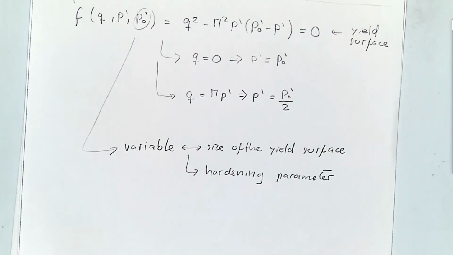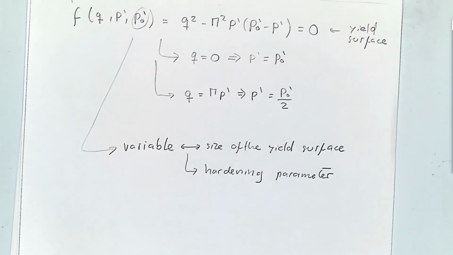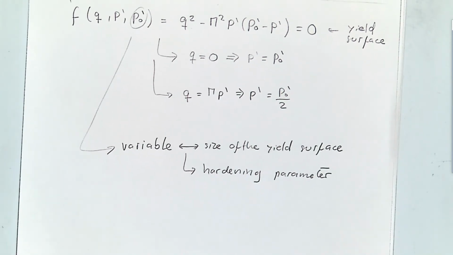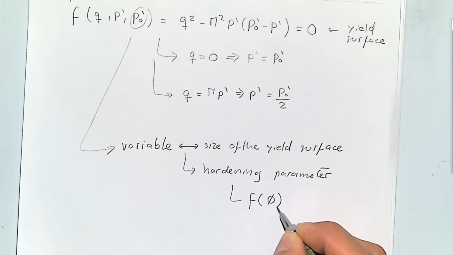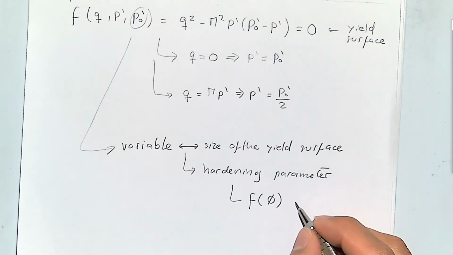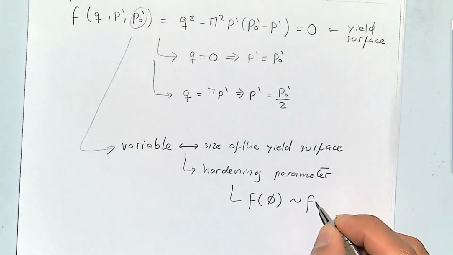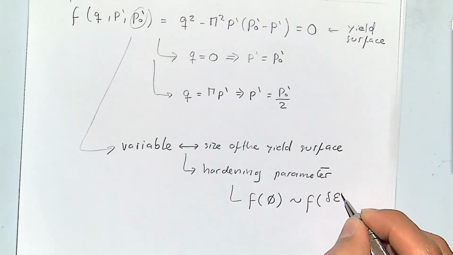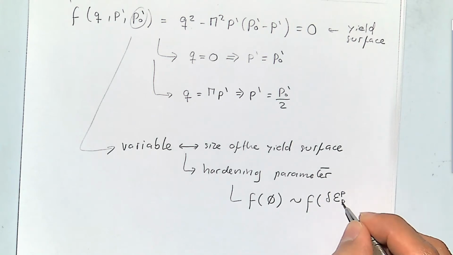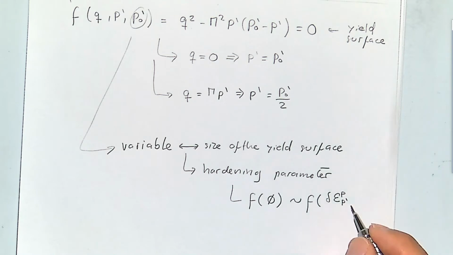We're going to use that because we're going to relate that P naught prime, the preconsolidation pressure, with porosity, or what is the same, as a function of the plastic strain in the isotropic component.